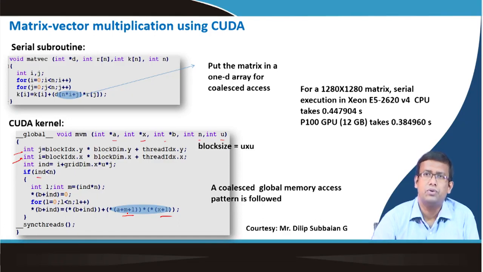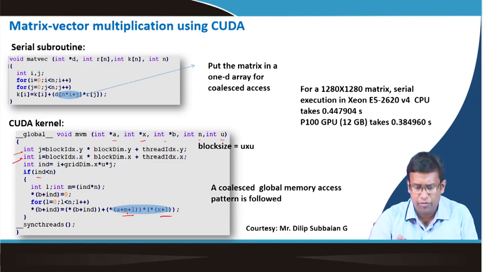Also, you need to copy the entire A matrix and vector from CPU to GPU, and then copy the product back from GPU to CPU. So it takes a large time. In case you have a large matrix, then you get better advantages of parallelization, and we have seen that.